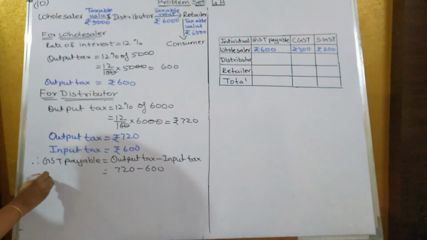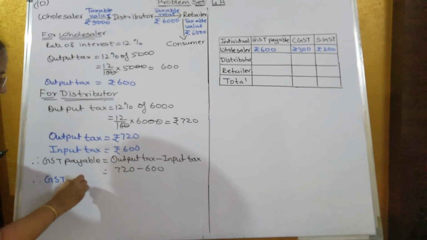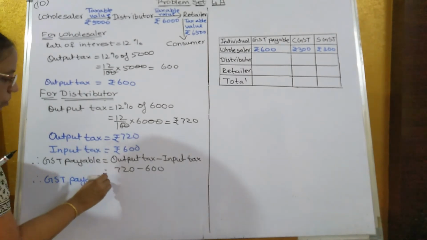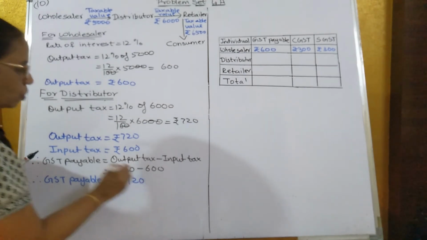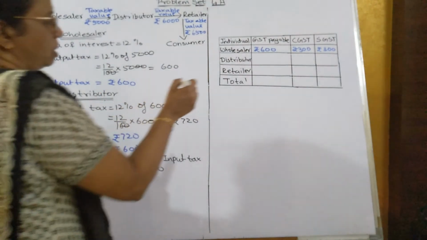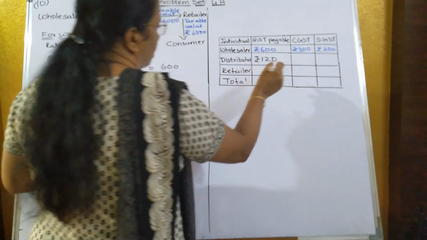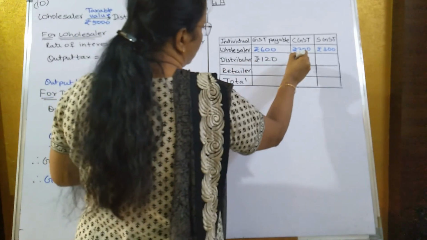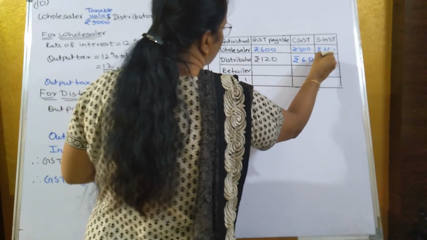Therefore, GST payable for the distributor is that's equal to rupees 120. So the distributor will be paying rupees 120, and half of it will go to CGST, that is half of this is 60, and here also it will be 60.